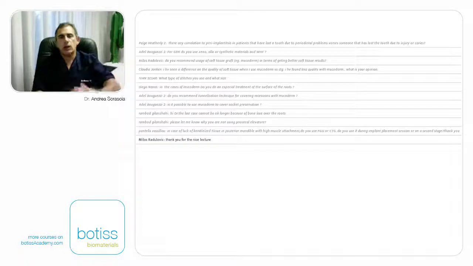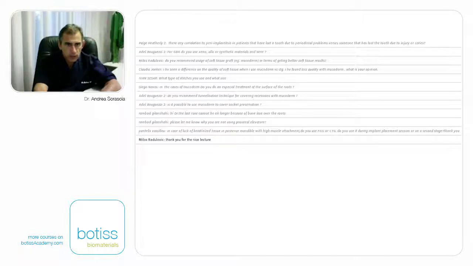To manage the periimplant tissue depends on how deep the defect is. For example, to reconstruct a defect of papilla, it's impossible to use the free gingival graft, but I suggest to use the connective tissue graft.